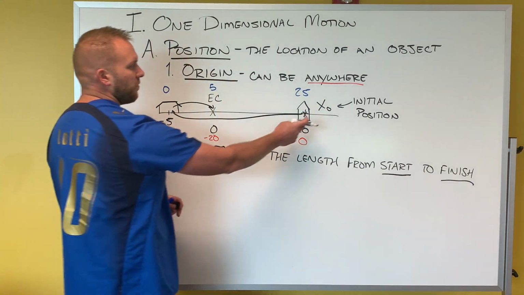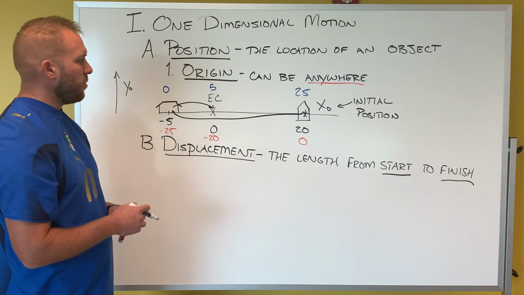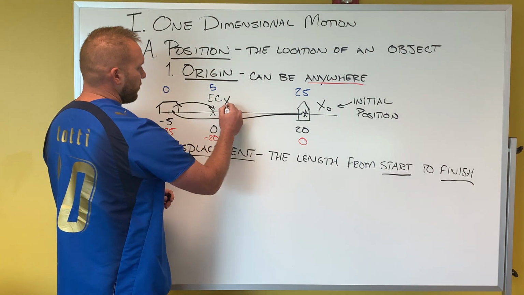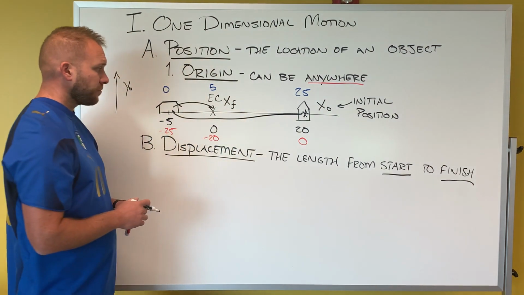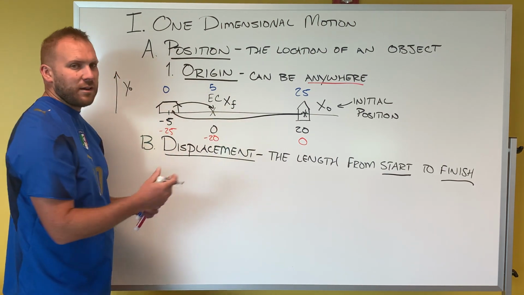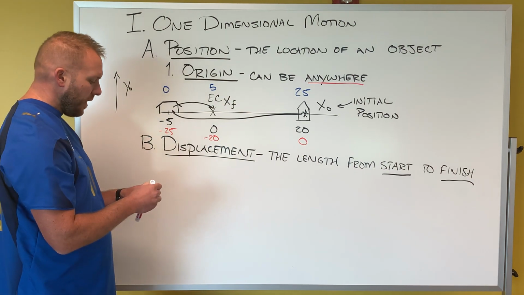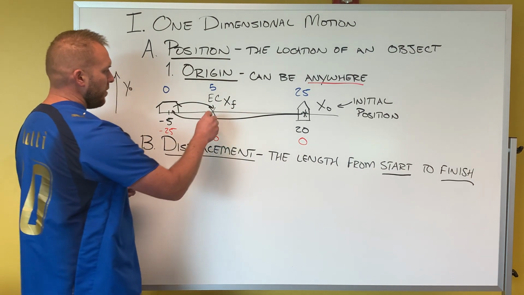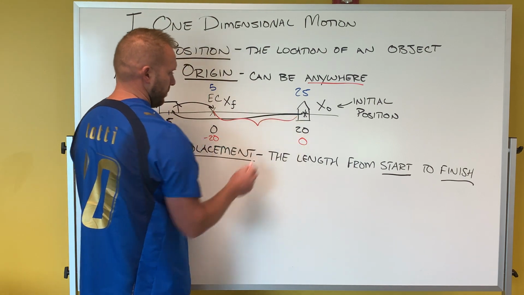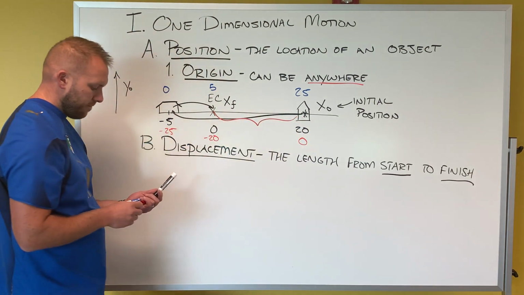The 0 stands for kind of 0 time, right? If time is 0, that's where I would be. And then my final position I indicate with XF. Sometimes you'll see it indicated when it's just X, but that's my final position, okay? So what is the length then? My displacement is just worried about this here, right? What's the length from where I started to where I ended, okay?